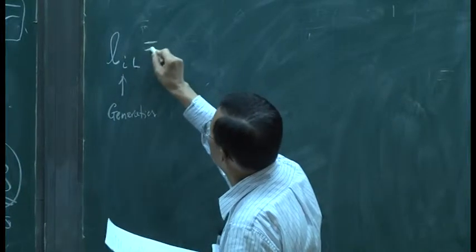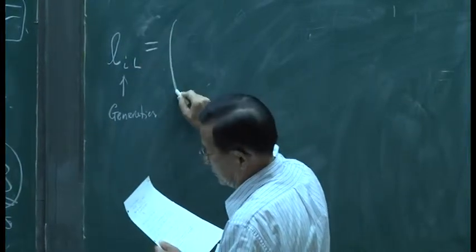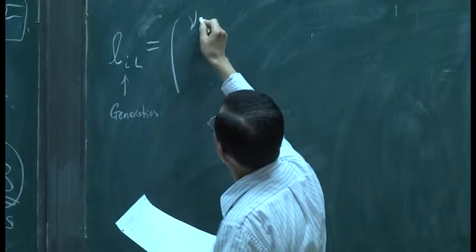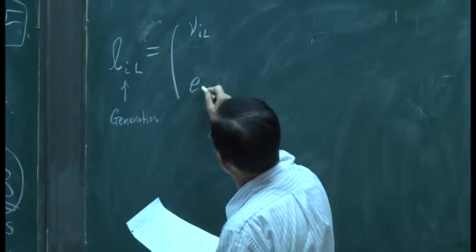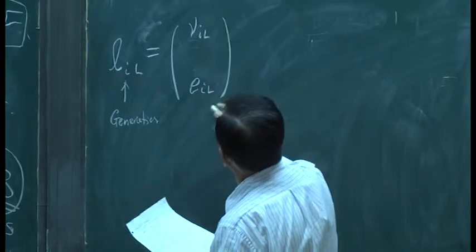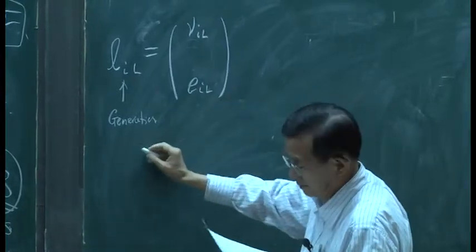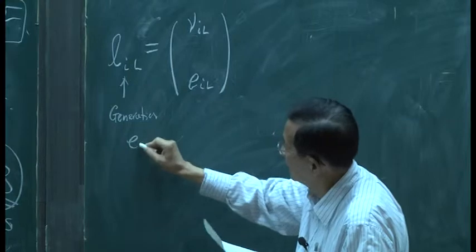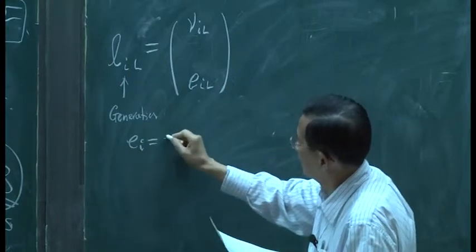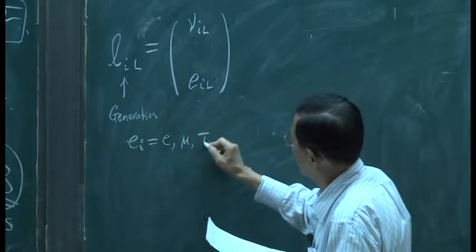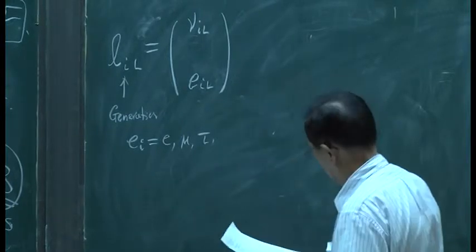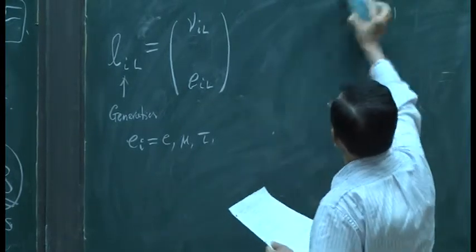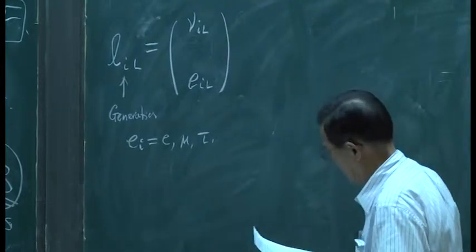The left-handed doublet will be equal to the neutrino and then the electron. And the E_I means electron, muon, and tau. Okay? And then we have a similar thing for quarks.